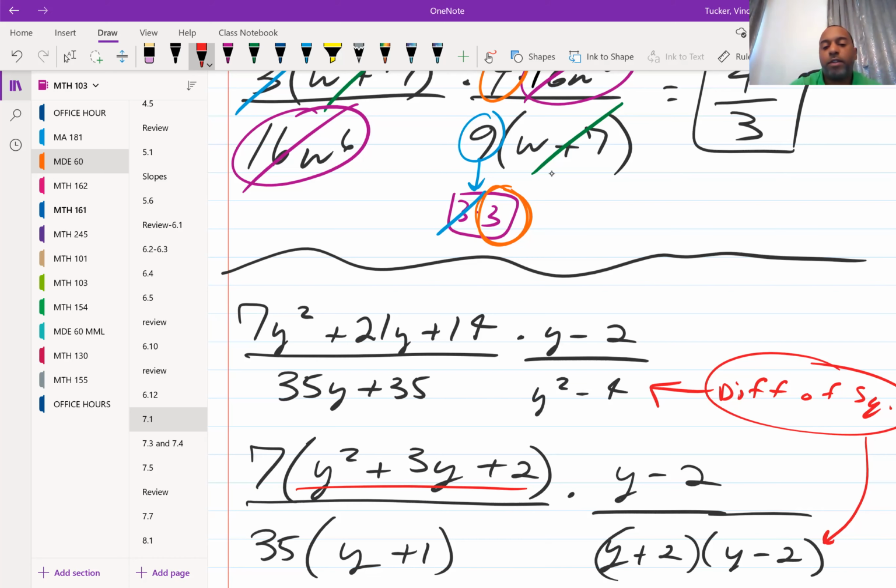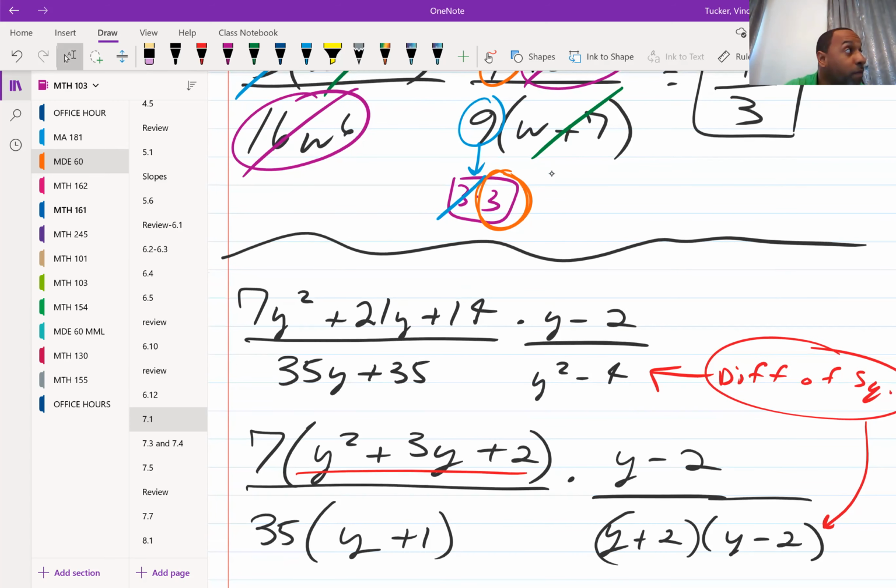So once again, we factor what we can. First one, we factored out 7. That leaves me y squared + 3y + 2 inside of parentheses. First denominator, factor out 35. That leaves y + 1. And then when you look at y squared - 4, that would be the difference of squares. That would be the factorization: (y + 2)(y - 2).